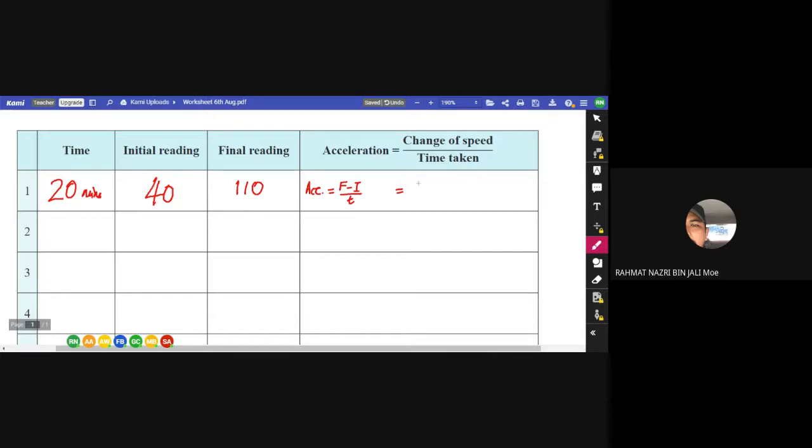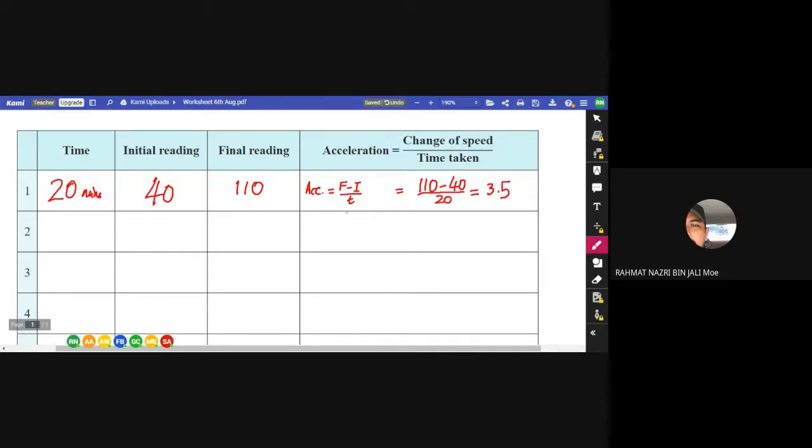So the calculation here is the change of speed, 110 minus 40, and then divided by 20. So 110 minus 40 is equal to 70. And then 70 divided by 20, we have 3.5. The acceleration for the first data here is 3.5.